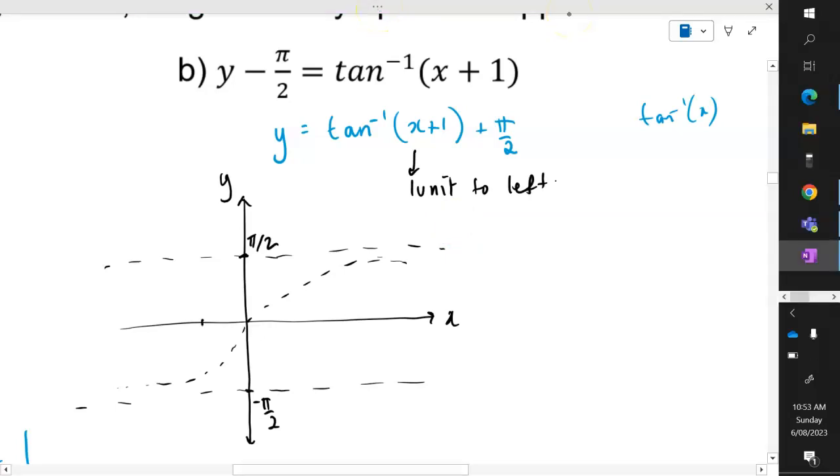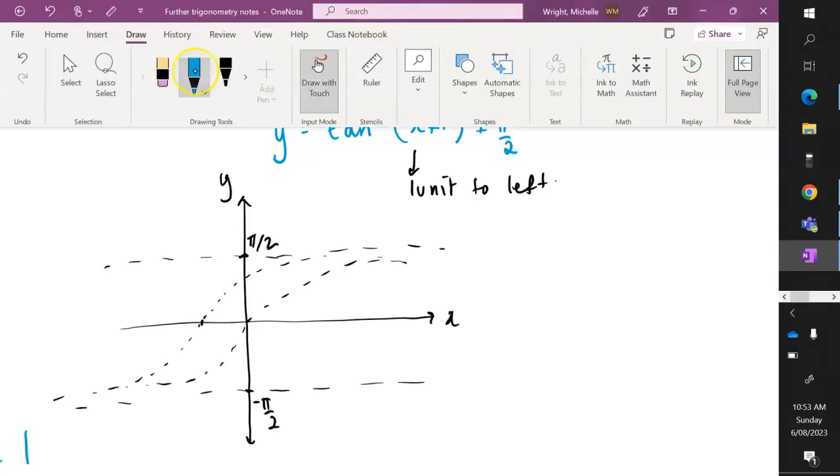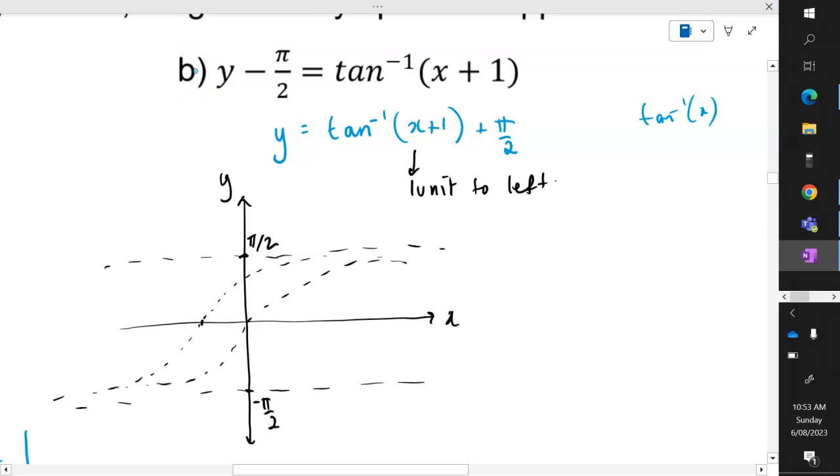That's not going to be my final graph because I still have to move it up. So 1 unit to the left would have the same asymptotes. It's just shuffled that graph along there. Now, if I want to add my pi on 2, what that's going to do is shuffle this bottom asymptote at minus pi on 2 down here up to become the x-axis.